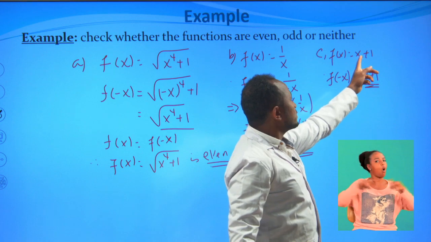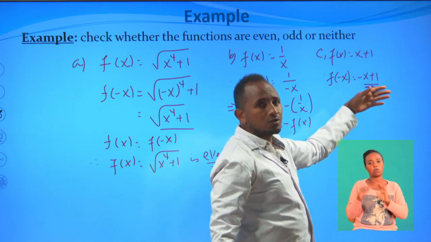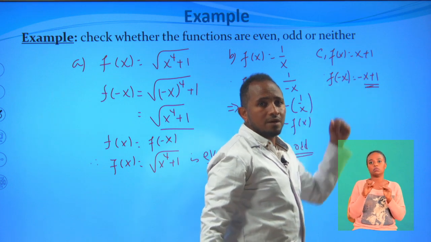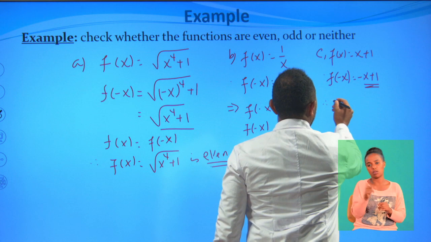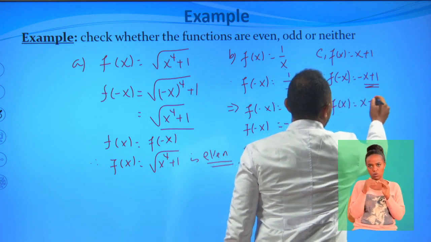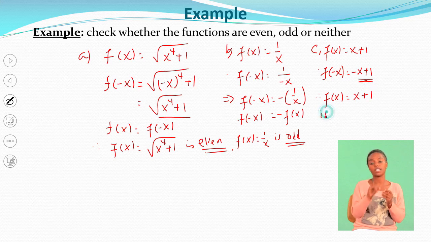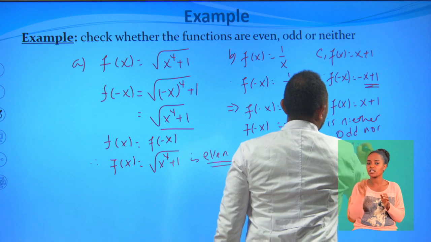The opposite of x plus 1 is negative of x minus 1. They are not opposite, they are not equal. So, this is neither even nor odd. Therefore here, f of x equals x plus 1 is neither odd nor even.